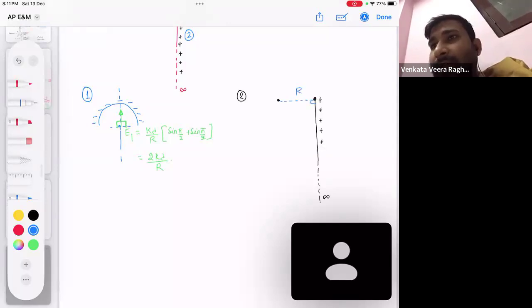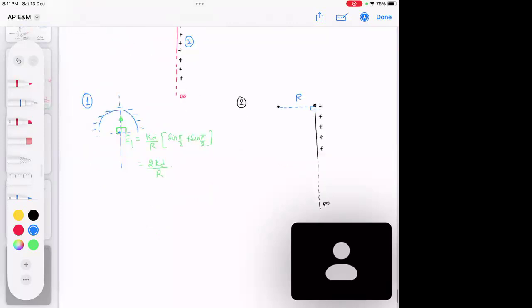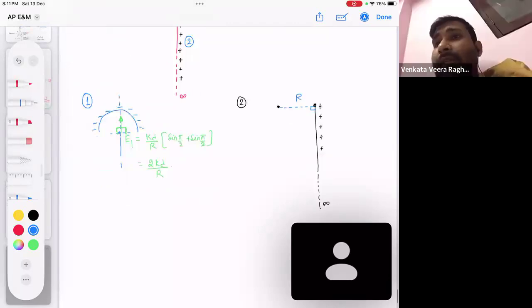Is the perpendicular distance again equal to R? Check it, because to calculate the field due to a wire, we need the perpendicular distance, isn't it? Yes, sir.